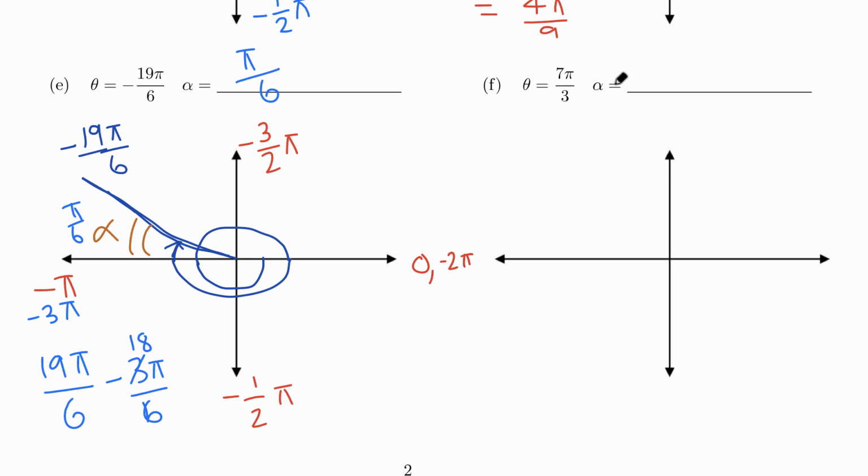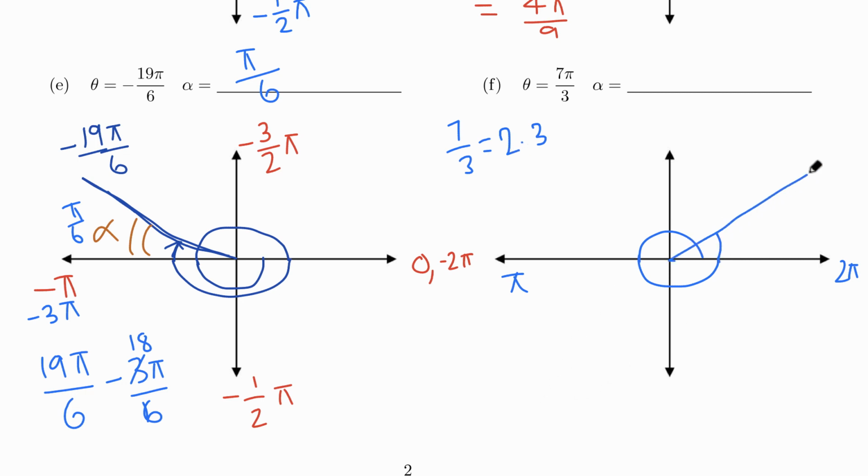Okay, here we got 7 pi over 3. It's positive. 7 over 3, 3 goes into 7 twice, 6.3. It's bigger than 2 pi. Okay, 7 pi over 3 is bigger than 2 pi. So positive means this is here 1 pi, go back 2 pi, a little bit more than 2, so it's somewhere here.